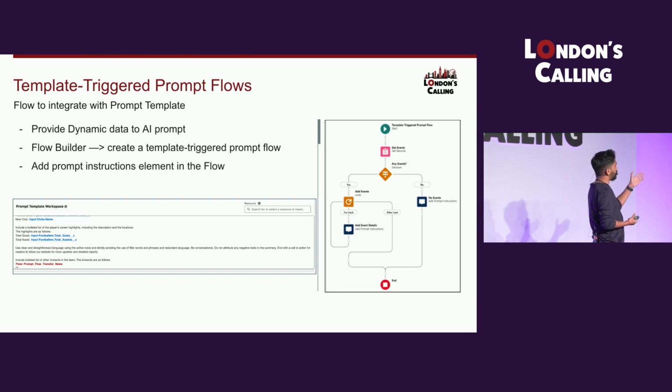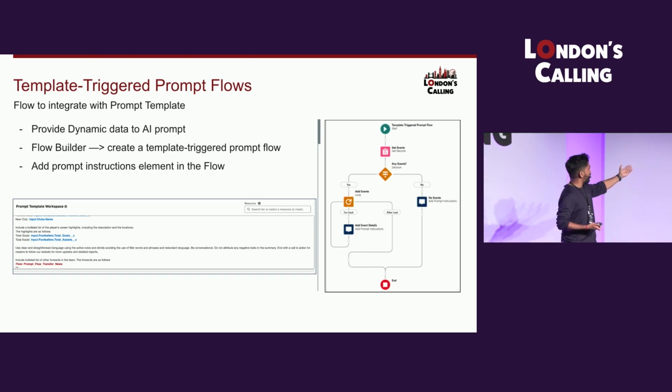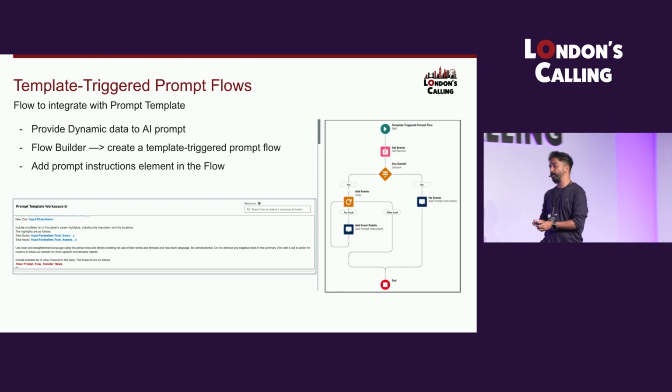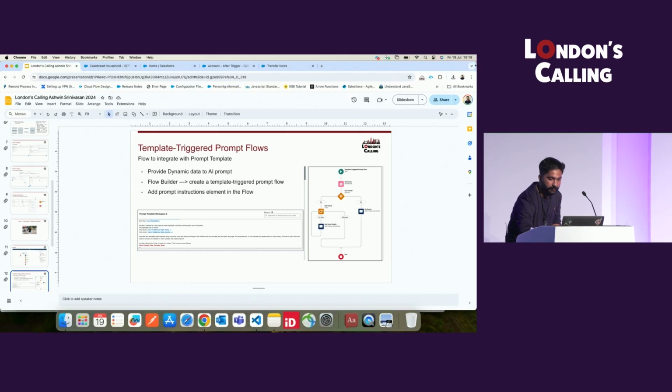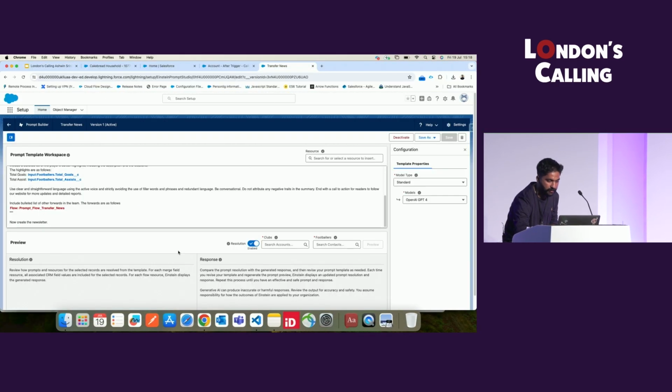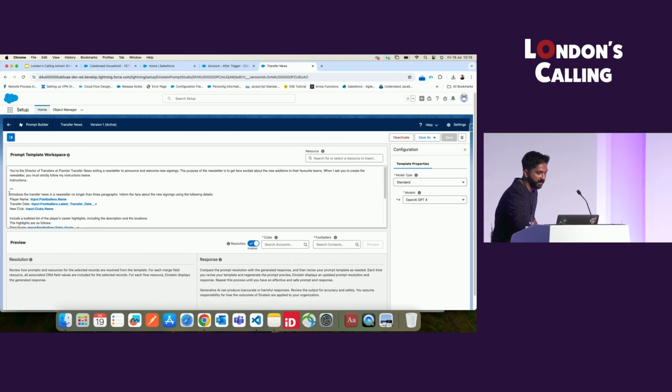So what this Prompt Builder based trigger flow does is, if you see in the prompt workspace, I've tagged some of the fields which I have, and I've also tagged the flow. I'll open it in the org, since it's probably better to show it there. Transfer news, right? I've created a sort of newsletter prompt, and I've given a prompt on how to create a newsletter.